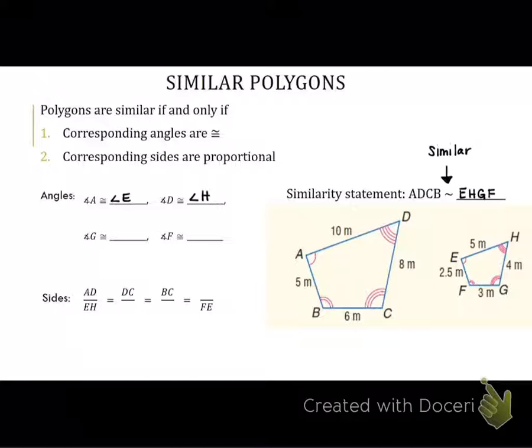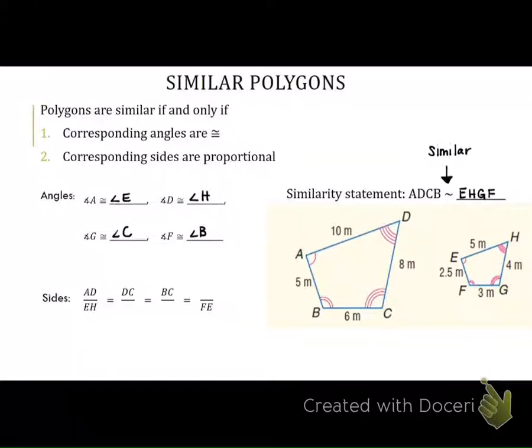Angle G is congruent to angle. Good. And Casey, angle F is congruent to angle. Good. So one of the things it tells you is that the corresponding angles must be congruent for the polygon to be similar. So this has that piece done.